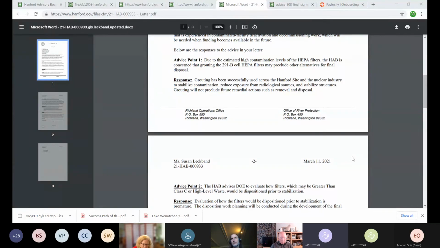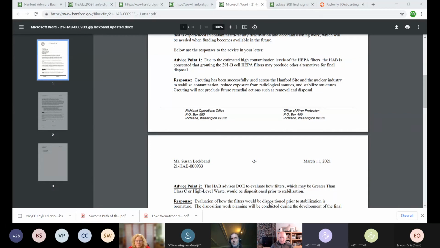And there's only so much permitted space available in facilities, so I'm afraid that we're grouting so much with these early actions, removal actions, interim actions, that by the time we get to final remedies, it will be technically infeasible to have the space for that stuff to be disposed of, because there's just not enough permitted space available in the United States. And that's really something that's very concerning.